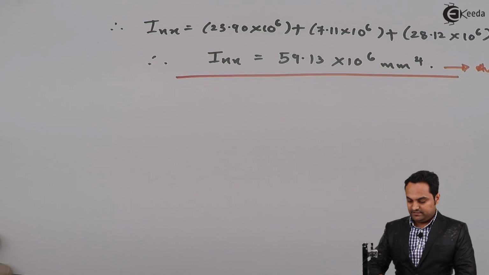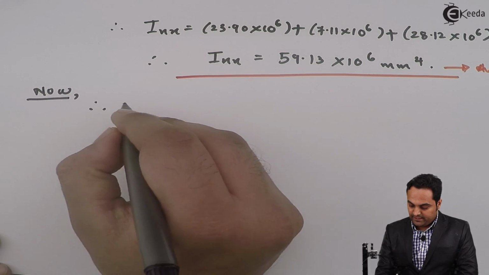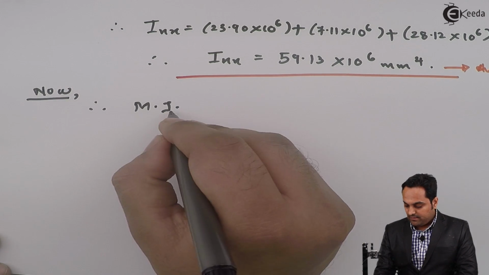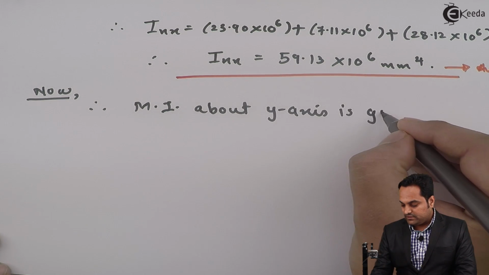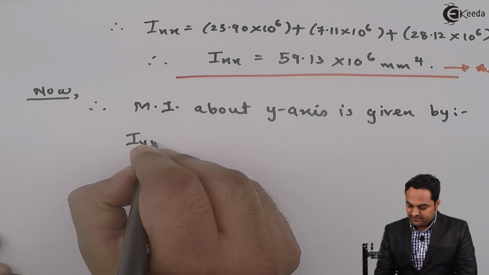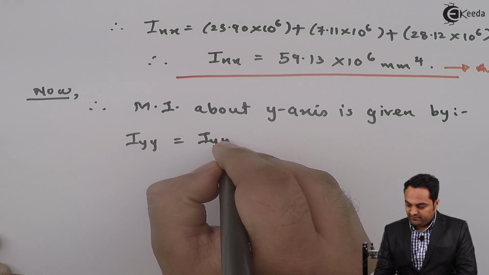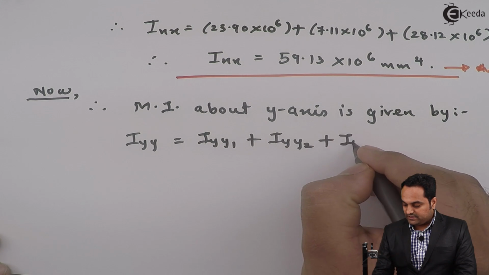Now after getting Ixx, I'll say that therefore MI about the y-axis is given by Iyy is equal to Iyy1 plus Iyy2 plus Iyy3.